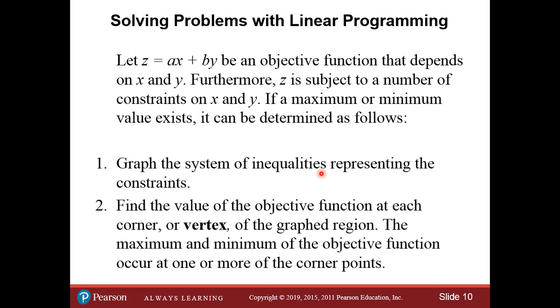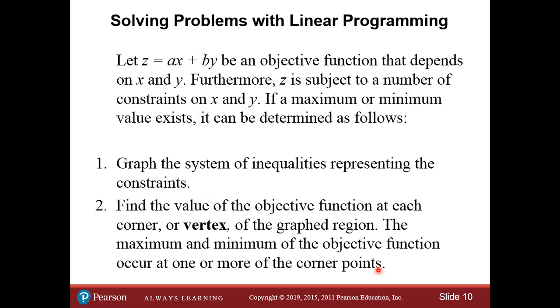Okay, because the value that is going to maximize this objective function is going to be in the feasible region. Now, two, we're going to find the value of the objective function at each corner or vertex of the graphed region, what we call the feasible region. Okay, the maximum and minimum of the objective function must occur at one of the corner points, and this is by theorem.